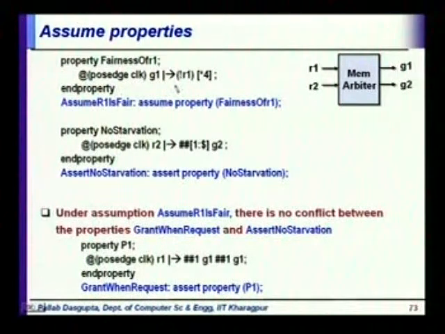So, if you look at this assumption, it says that paths where R1 is asserted forever will not be traced, because that is violating this assumption, right.